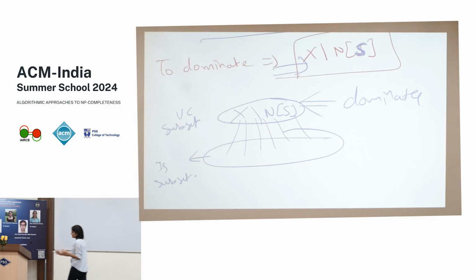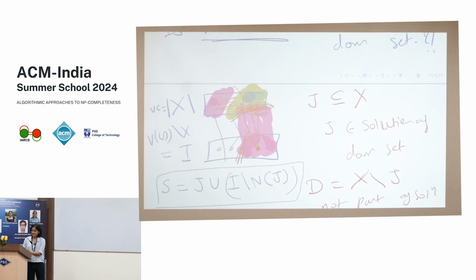So let me say it here. These are the parts which are not colored pink, and this is the part which is not yet dominated. So I am just extracting this graph, and because everything in pink belongs to the solution, that should be part of set S. Here this is also part of set S. Everything in the independent set is dominated, but I am not saying all of them are part of the solution.